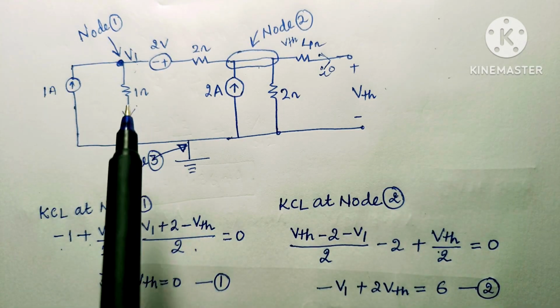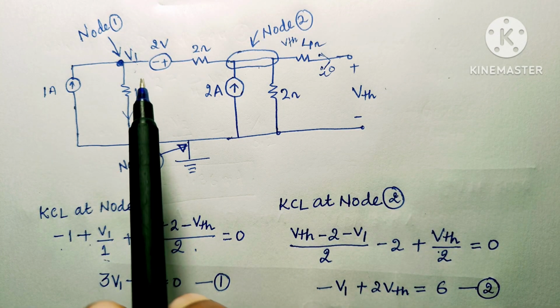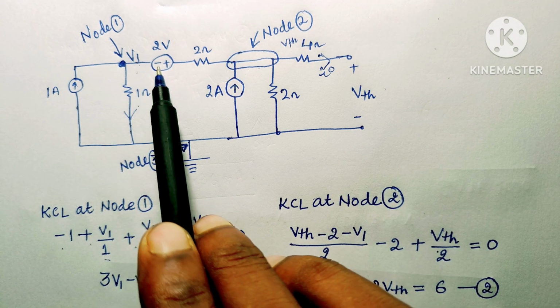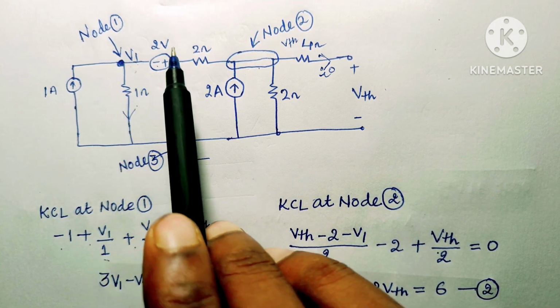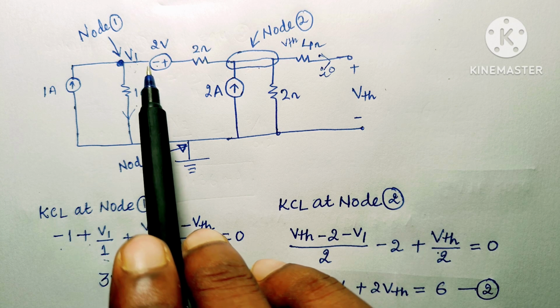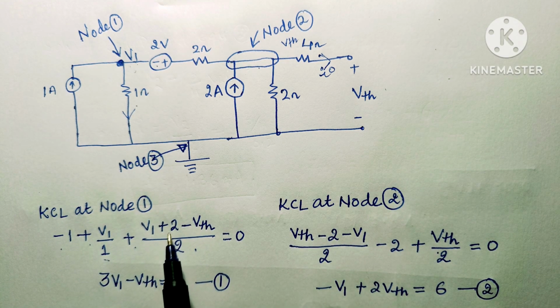Why? As I said in the last video, if the negative sign of a voltage source is towards the node, then we take it as positive while writing the KCL.